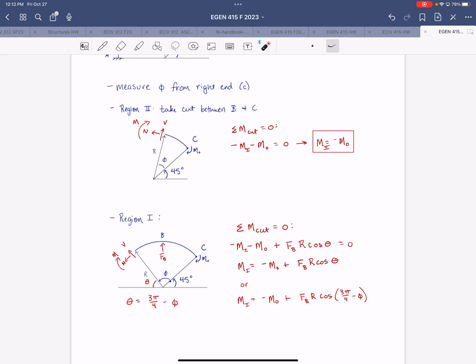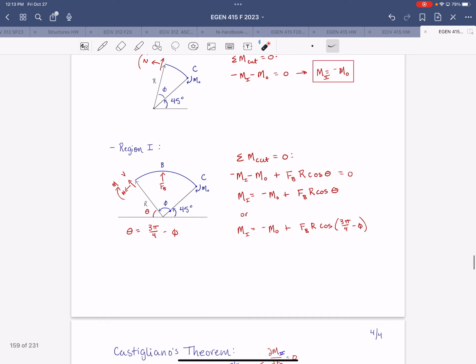You don't have to do this, but at this point it was convenient to define an angle theta in terms of phi. And so here I've got the moment expression in terms of either one.